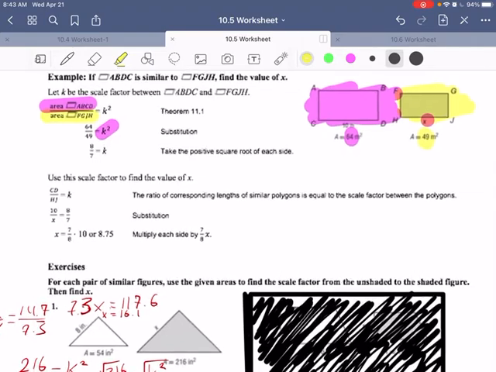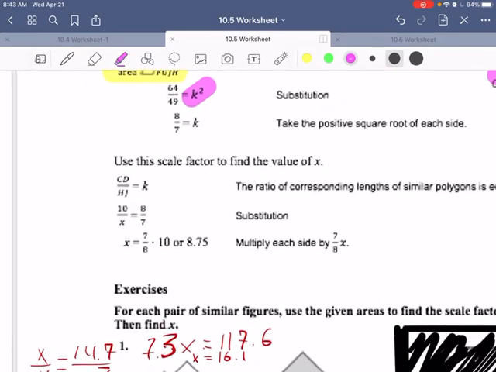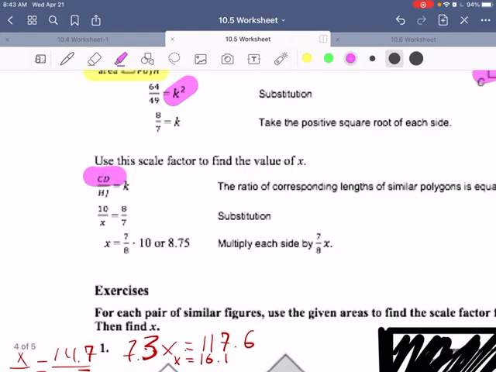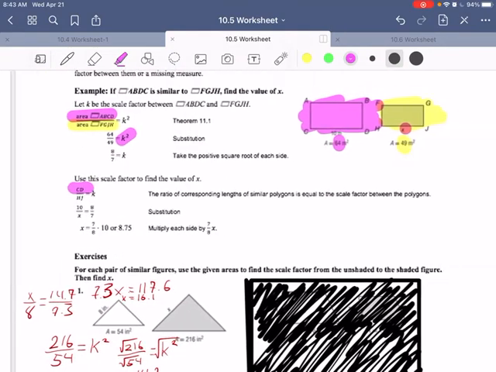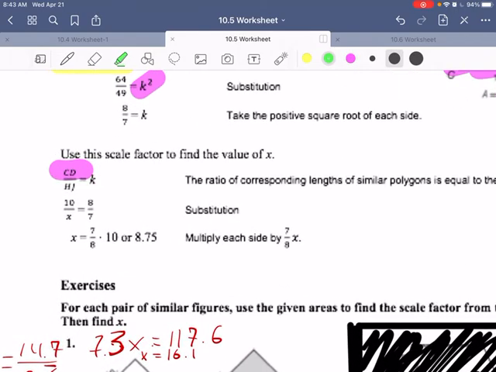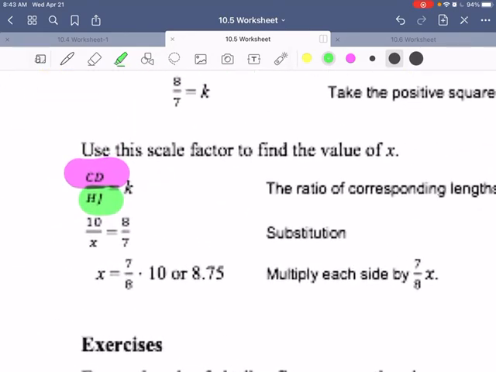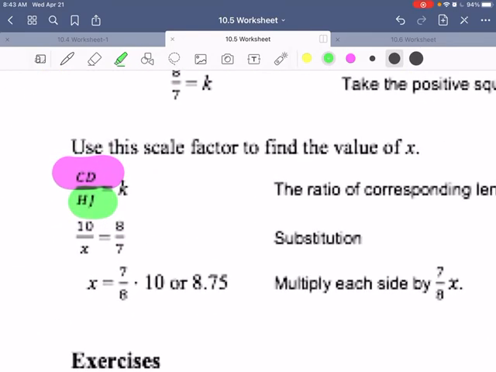If we're saying, I've got C, D, so that's in A, B, C, D, and then I've got H, J. So I would do my known 10 over x. 10 over x equals my scale factor of 8 over 7. That's what we got right here.